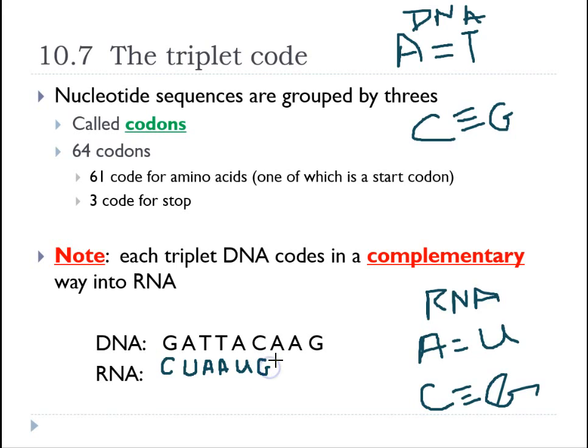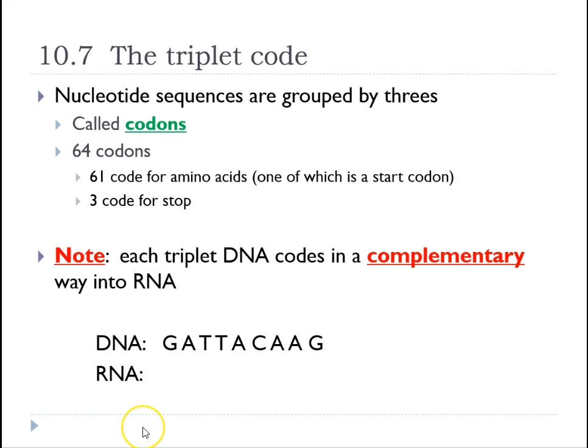G, U, U, C. So what's basically happening here is that every time we see a G, we're going to put a C. Every time we see an A, we're going to put a U. Just the same way we did with DNA, except the big change now is every time we see an A, we're going to put a uracil. And the uracil is something that comes apart a little quicker, and it tells the body that it is a temporary code.